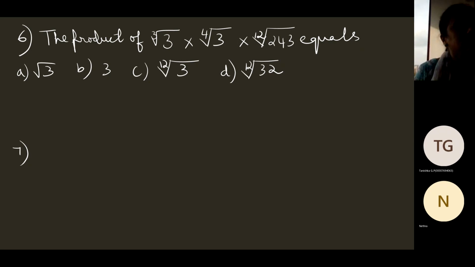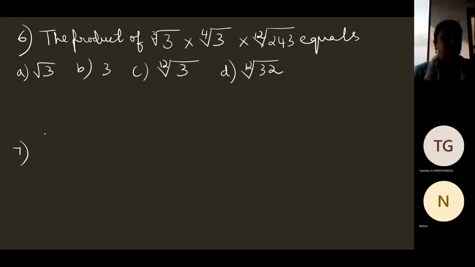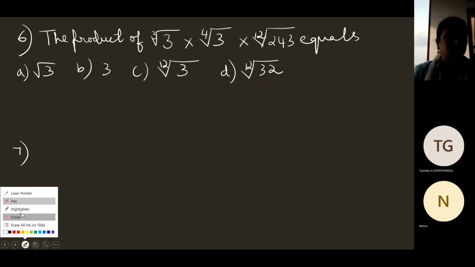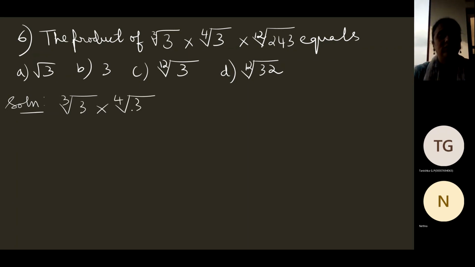We'll do together, children. So let me first write what is given. So we have to find cube root of 3 into 4th root of 3 into 12th root of 243.